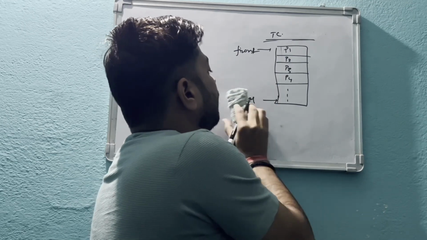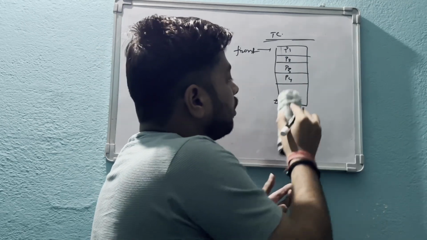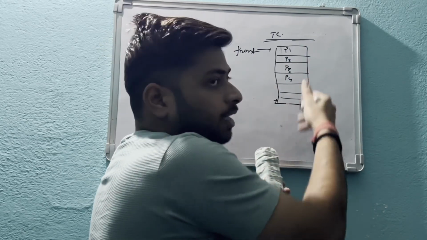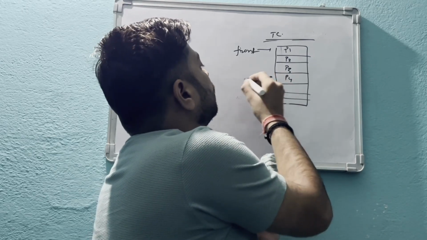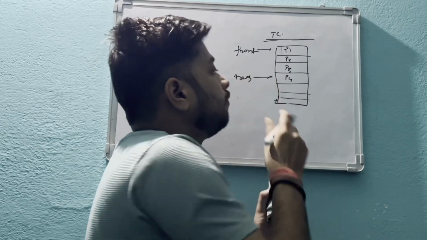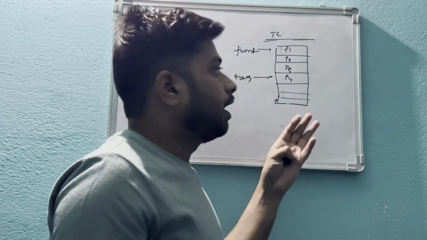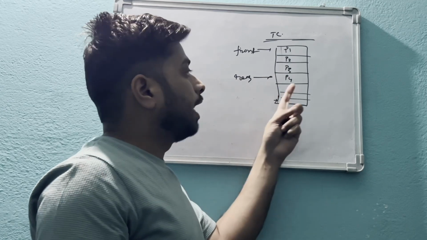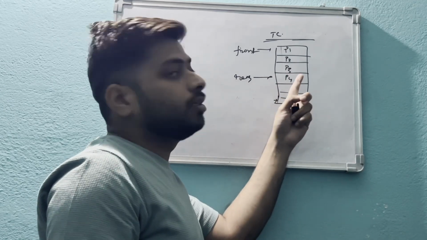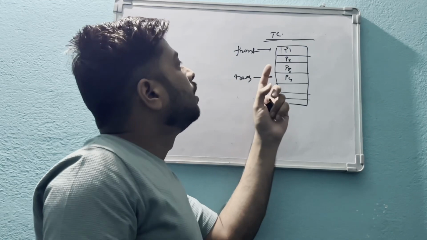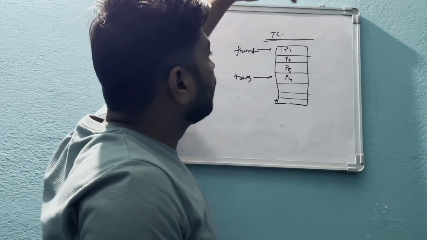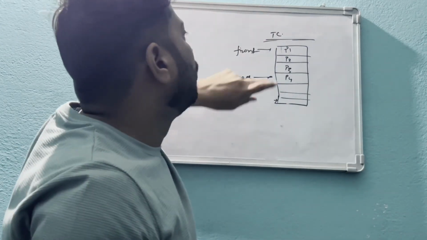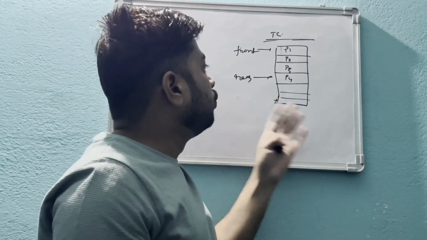Let's say we have only 4 persons in the queue, and the rest of the places are vacant. So this is the rear. If any new person comes in and would like to be part of this queue, he has to stand behind the rear, and the very first person who is going to get out of the queue and get the ticket would be P1, who is standing in the front of the queue. So this is what a queue is.